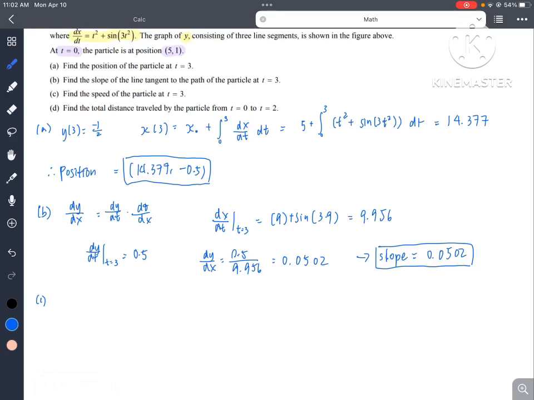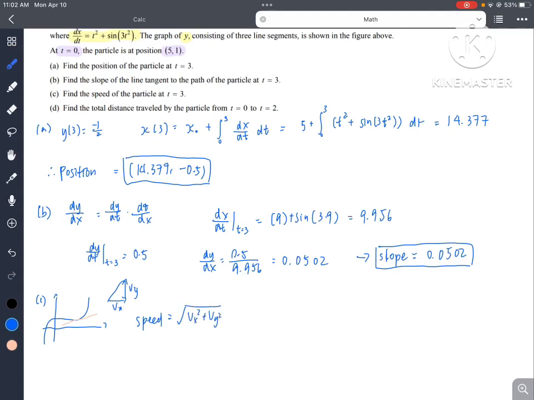Let's now try to find the speed of the particle. Notice that the speed of the particle is different from that of the tangent line, because unlike one-dimensional movement, the slope of the tangent line just represents the path, but it's not related to the speed. So the speed is, well, there's speed in the x dimension and speed in the y dimension. So we need to use the Pythagorean theorem.